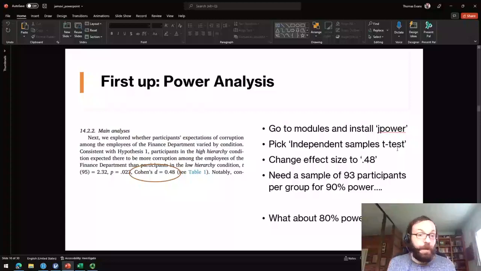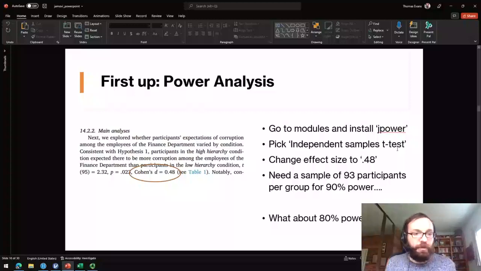Whereas the difference between men and women in crossword ability is probably tiny or non-existent. So to try and differentiate values on that distribution, which are highly overlapping, we'd need a very, very large amount of participants. So Cohen's d of 0.48 is a modest medium-sized effect.